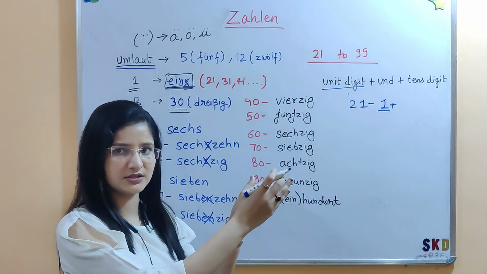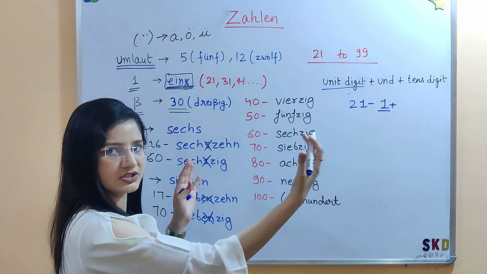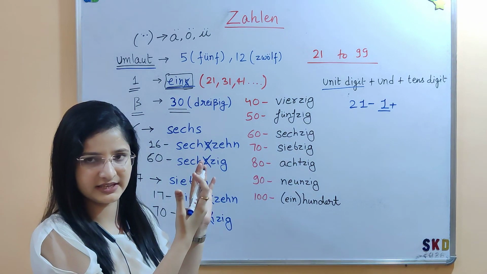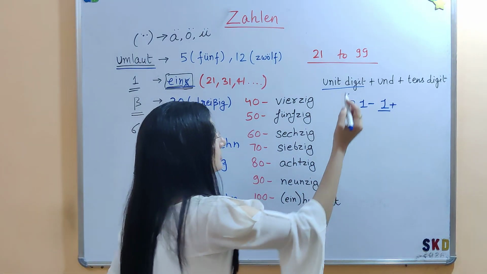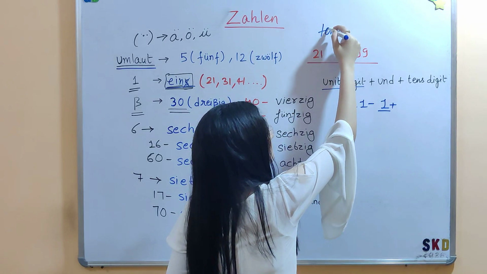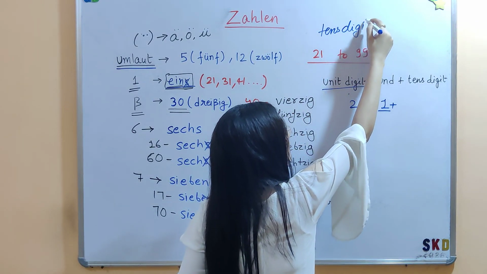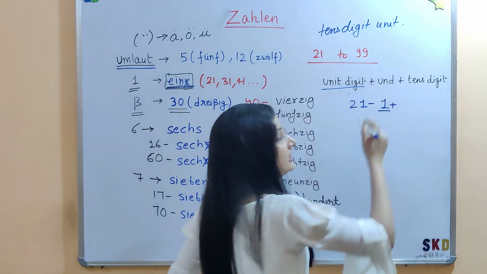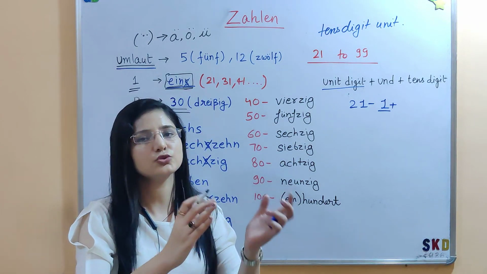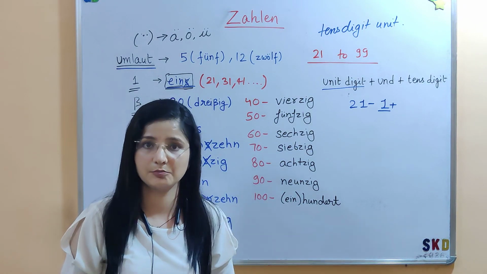In English we follow the rule: starting from the left hand side, firstly we write the tens digit and then comes the unit digit. But it is just the opposite in German numbers.